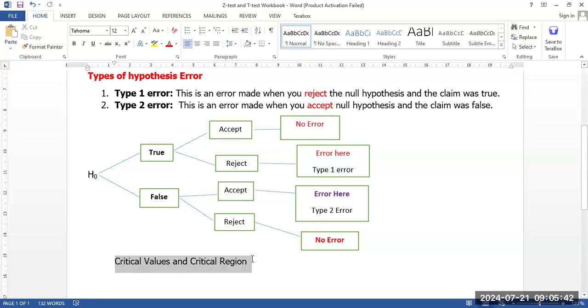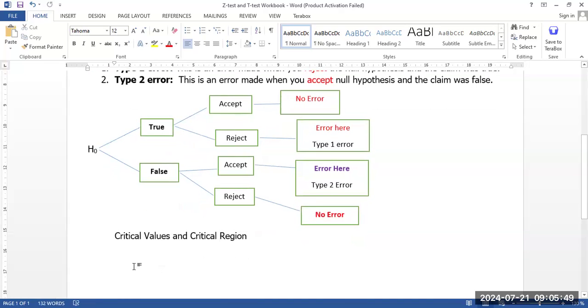What is the difference between critical values and the critical region? We can start with critical values.